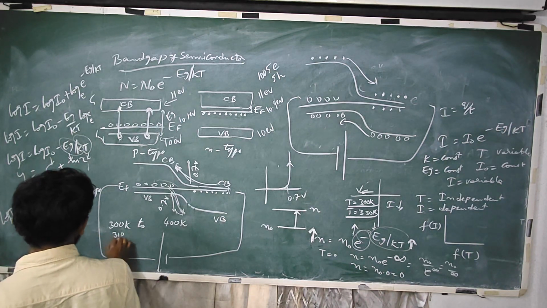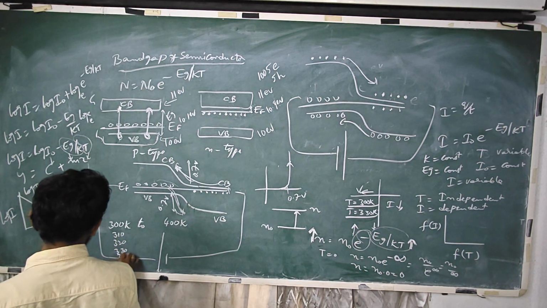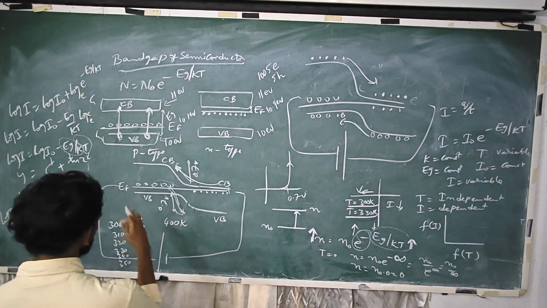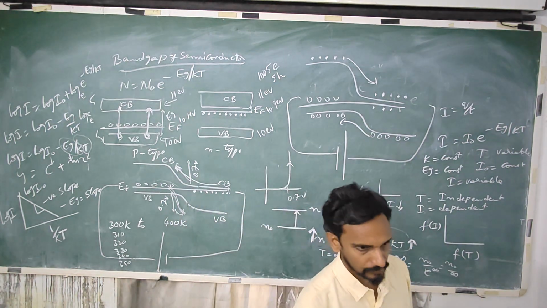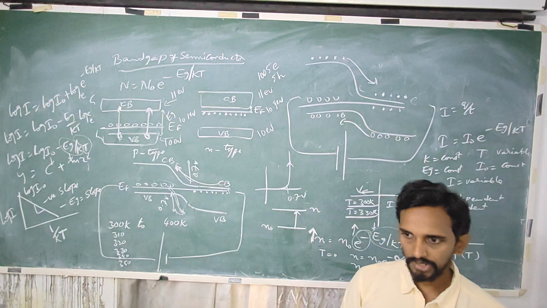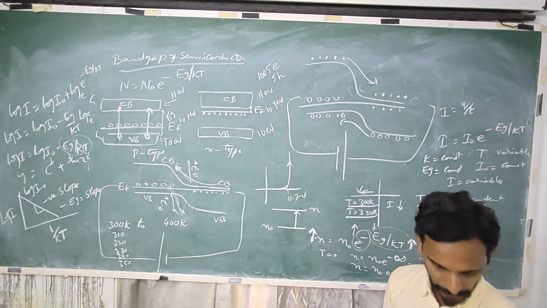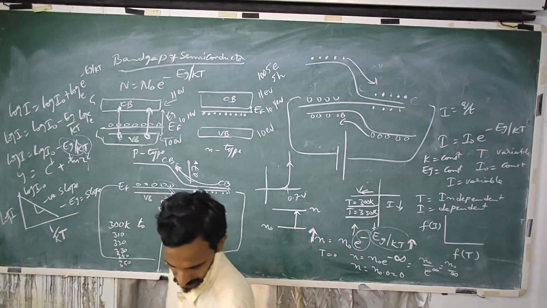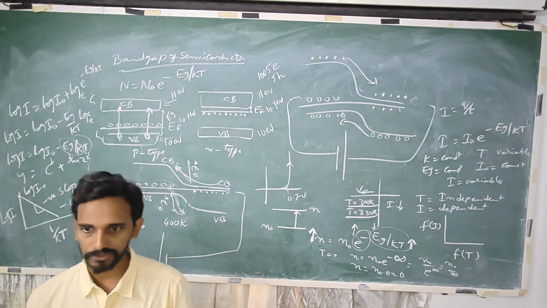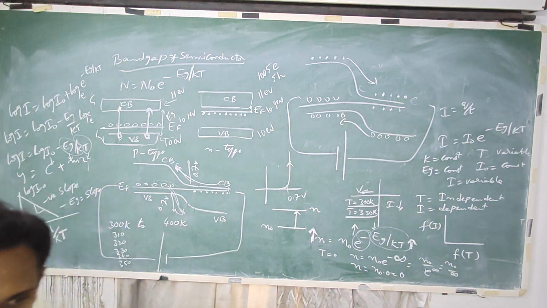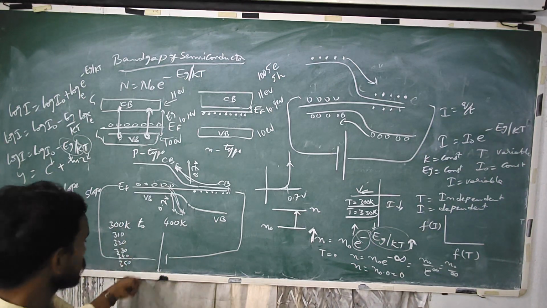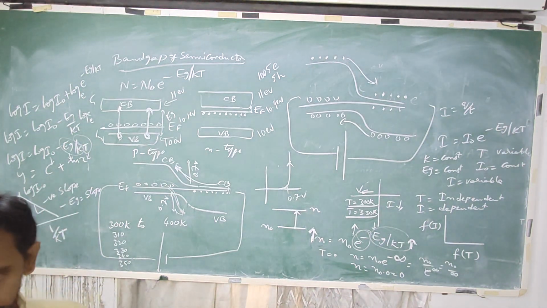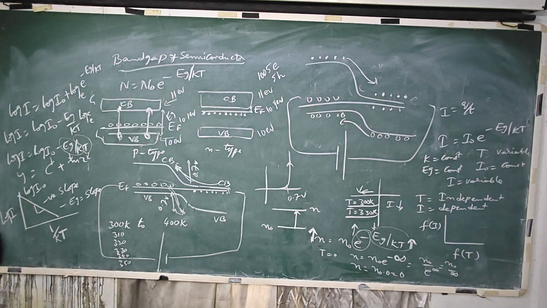So 300, 310, 320, 330, 340. Like that, vary the temperature and measure the current. That part we will see in TINA, the Texas Instruments network analysis software. So construct the circuit and measure the current for various temperatures. Then we will see the program to fit the curve and all.